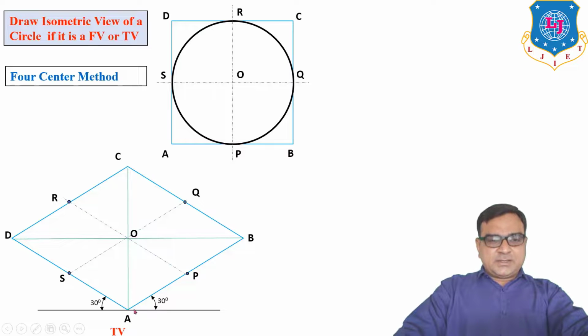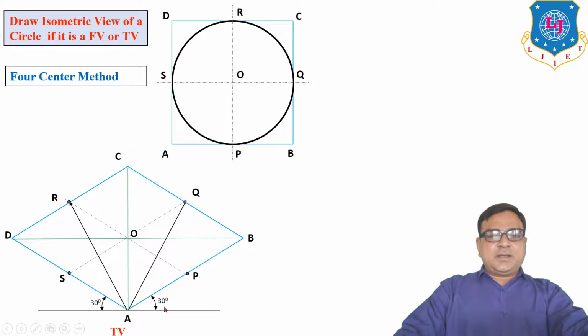So you have to take two centers, A and C. From A draw a line to the opposite side midpoints R and Q, AR and AQ.